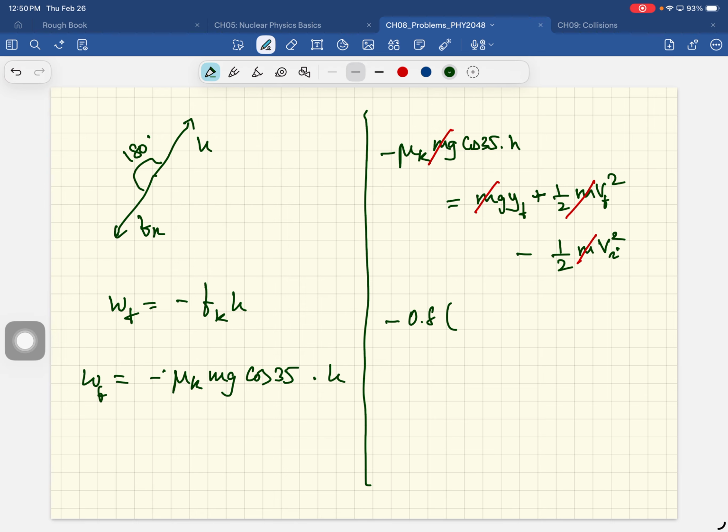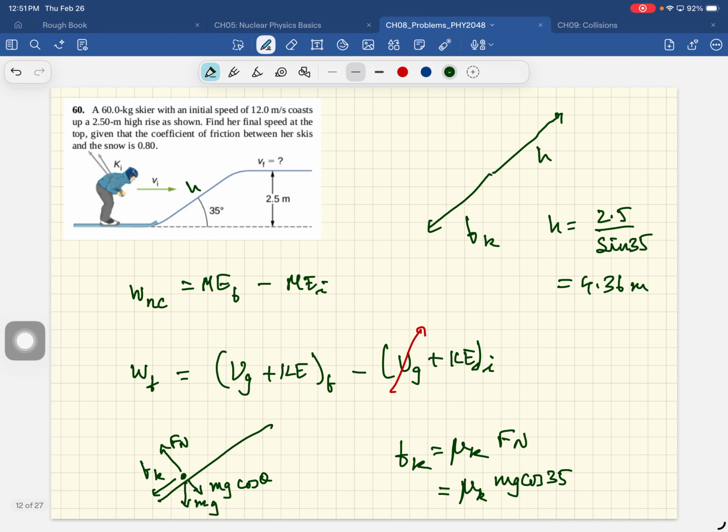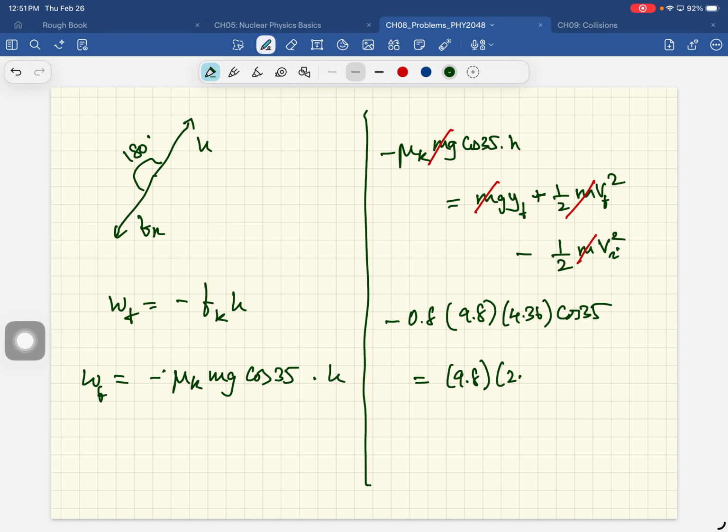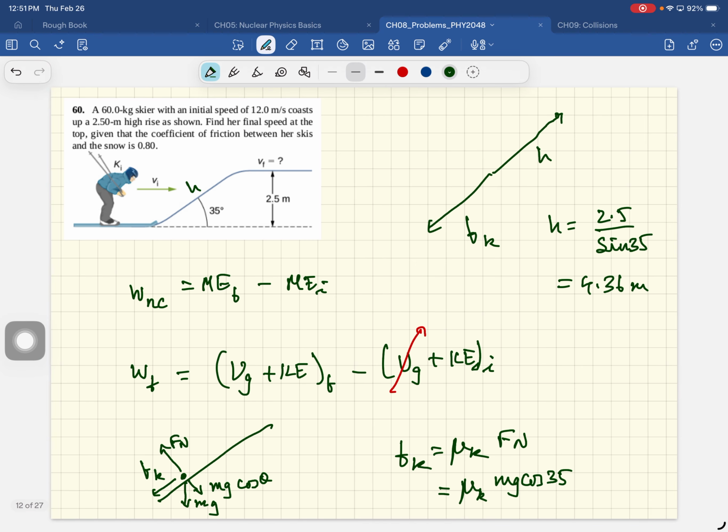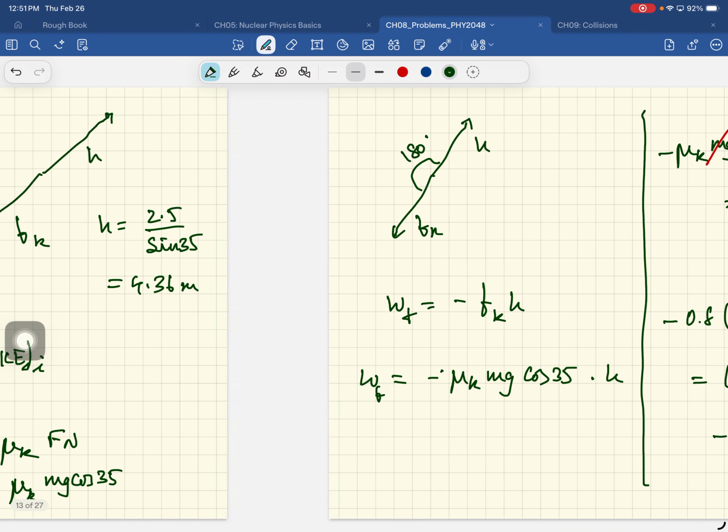mu k is 0.8, g is 9.8 meters per second square, 4.36 meters times cosine 35 should equal 9.8 times y final is 2.5 meters plus 1/2 v final square minus 1/2 v initial square. V initial is 12 meters per second.